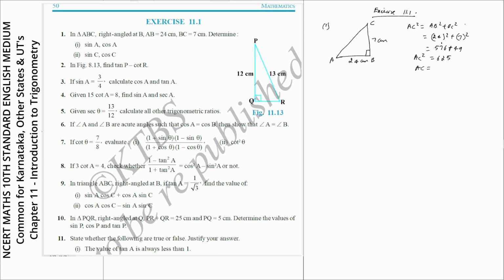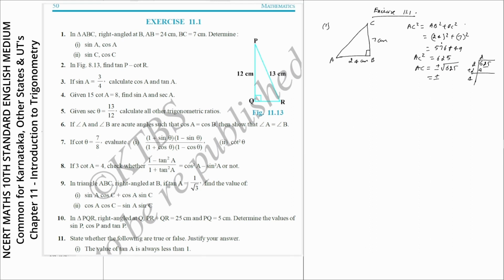Therefore AC is equal to plus or minus square root of 625. Square root of 625 is what to find. I'll take 2, 2 2s are 4.